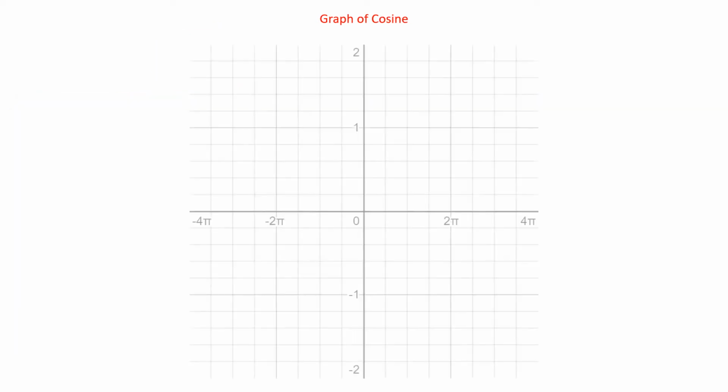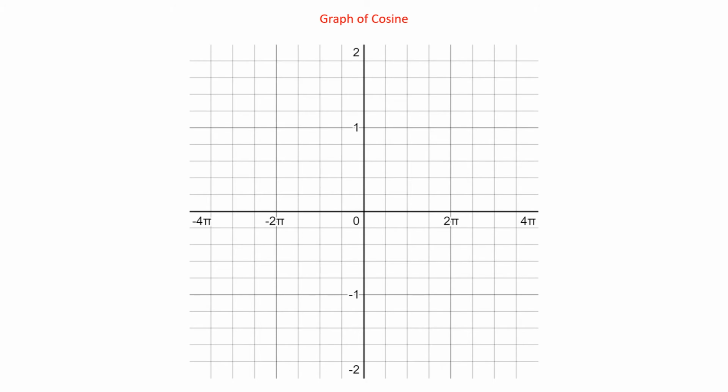Now the graph of cosine is going to be similar. The difference really is that at 0, it starts at 1, and then it'll be 1 at 2 pi, 1 at 4 pi, because those would be the same angles, right? Those are coterminal angles. Every 2 pi is a coterminal angle. Notice I'm doing this in radians and not degrees as well.